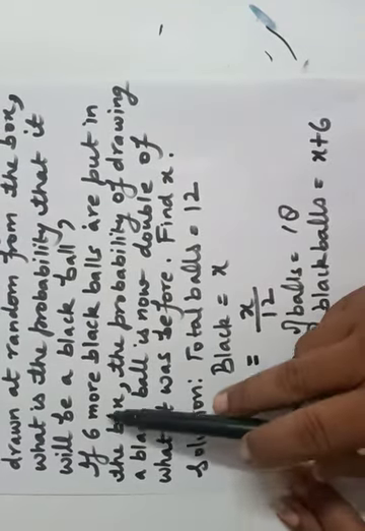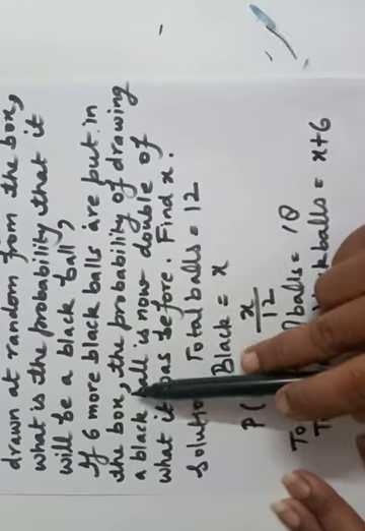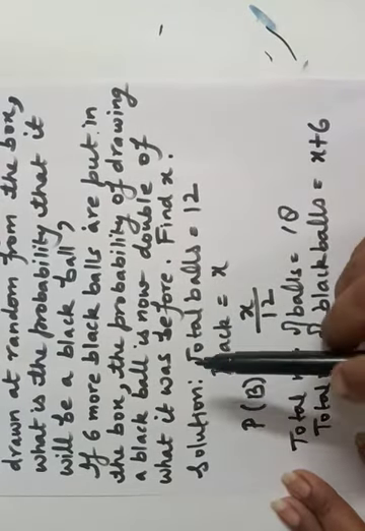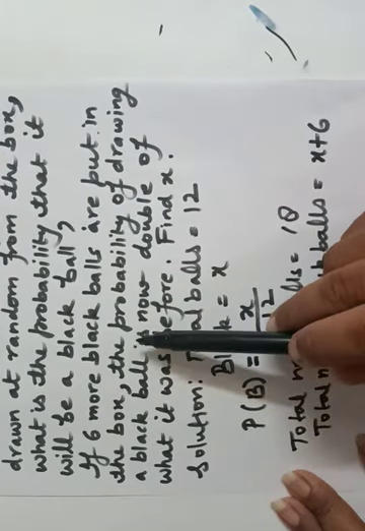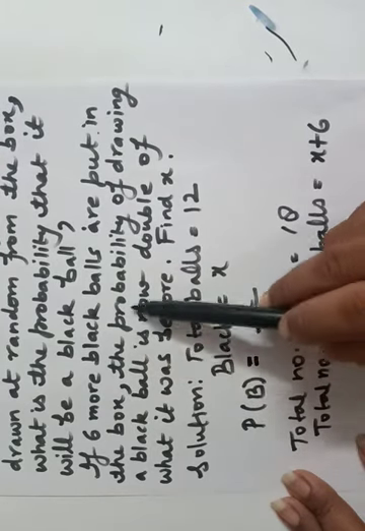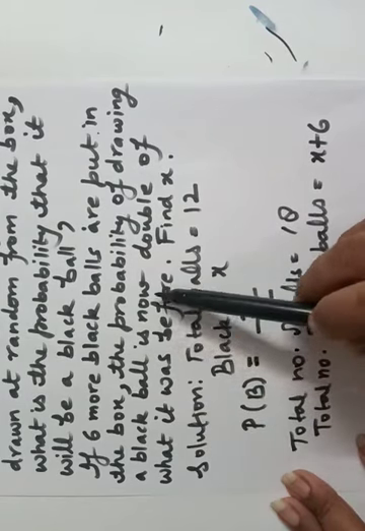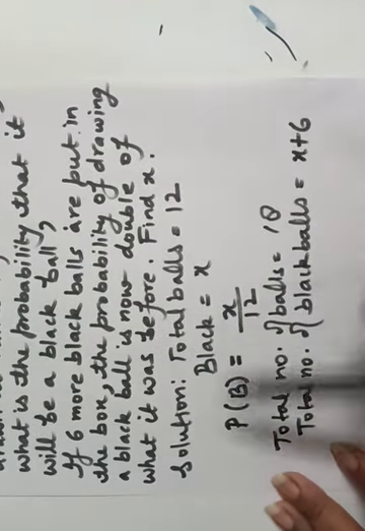If 6 more black balls are put in the box, total balls will also increase and the number of black balls will also increase. Now the condition they have given to us: the probability of drawing a black ball is now double of what it was before.